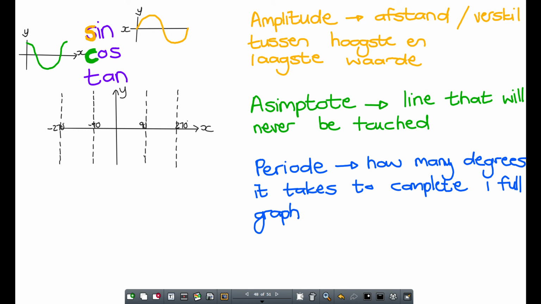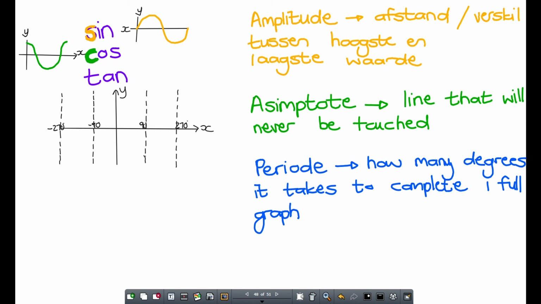Maar nou kyk gou hier. Now we have 4 sections or 3 sections between minus 270 and 90. Nou wat is daai stukkie? Hoe groot is dit? Hoeveel grade? That's 180 degrees, nee? En onthou, 'n asymptote, we're never allowed to touch that line or cut through it.